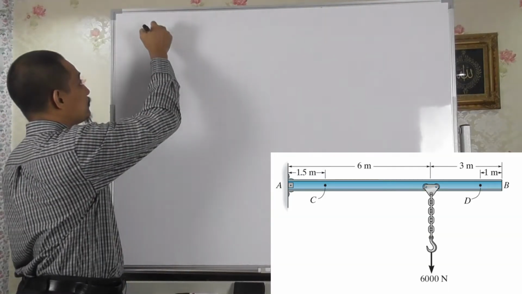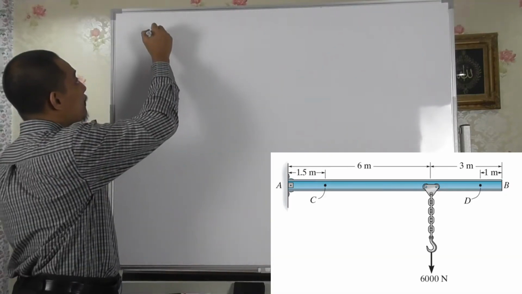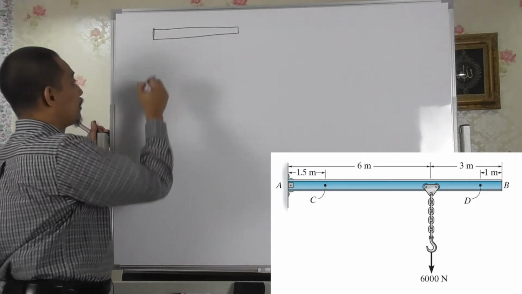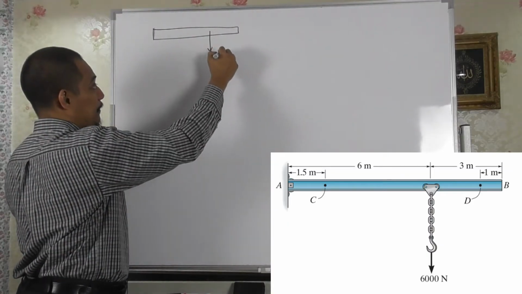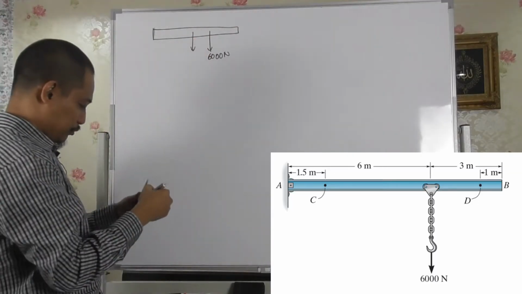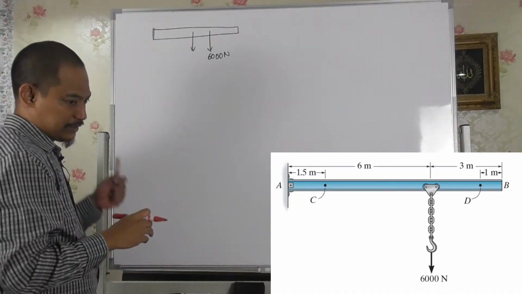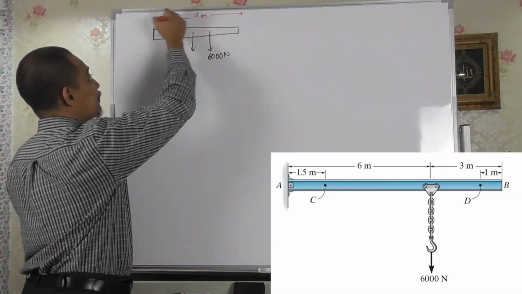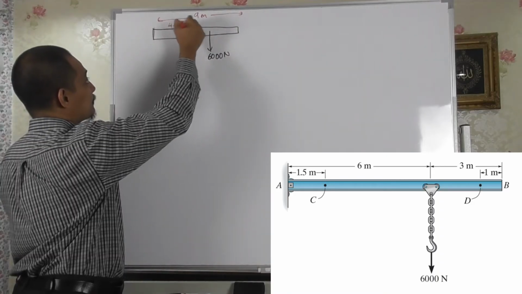So the whole thing is like that, and then you have 6,000 Newton there, and at the middle you have the weight. The whole thing is 9 meter, so at the middle here is 4.5 meter.